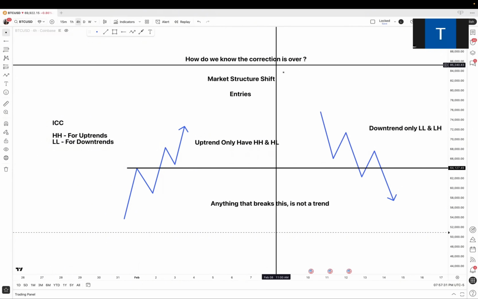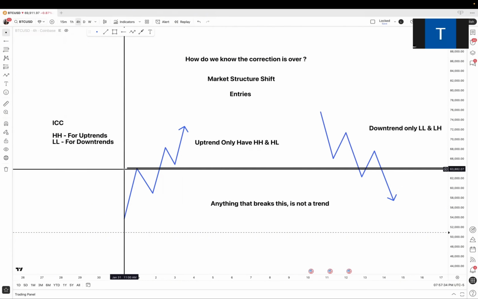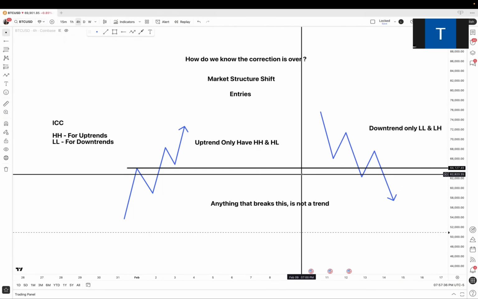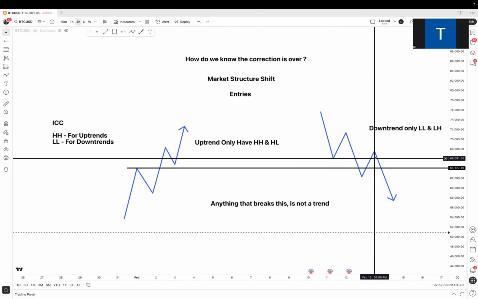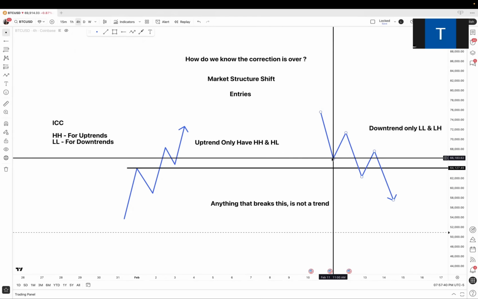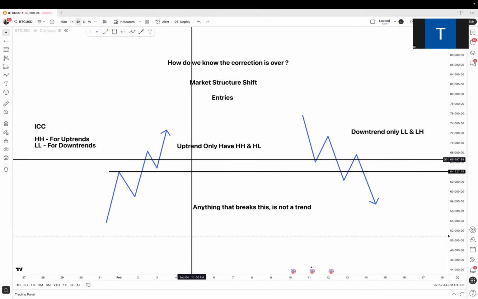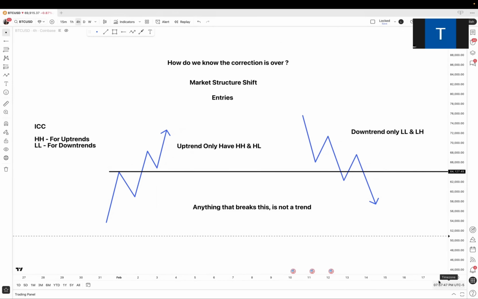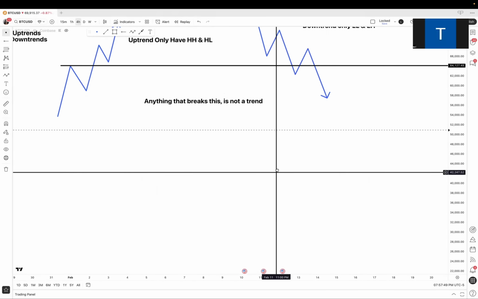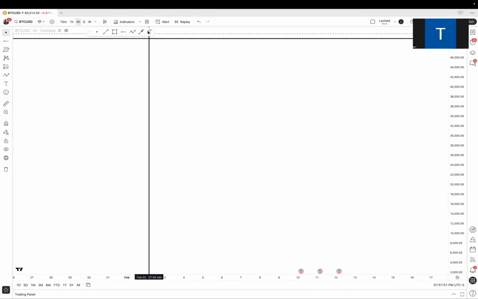So with a market structure shift, I normally tell you guys to always trade above the higher highs or even the lower highs, or lower lows in this scenario, lower lows. So what we're going to do is take a picture of this if you want. And matter of fact, I don't even need to do that. I can just go down here.